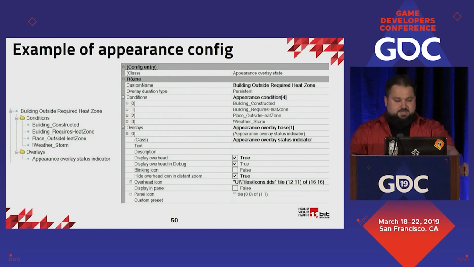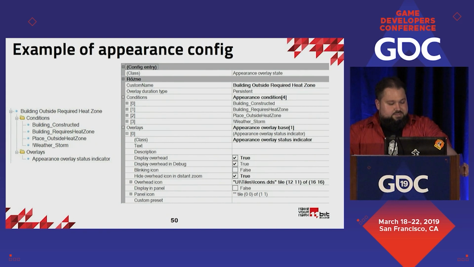This is a simple sample configuration of appearance state. This is an appearance for a building that is outside required heat zone. So the building needs to be heated and it isn't. The conditions are the building is constructed, the building requires heat zone, the place is outside heat zone, and the weather is different than storm, because during the storm we provide the player with different prompts, not that meaningless prompt that the building requires heat zone.